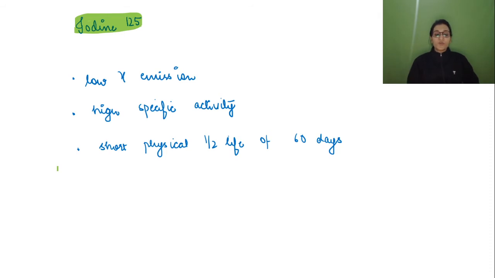Now positron versus gamma isotopes and other commonly used isotopes. These are some of the most important discussions whenever we are talking about RIA, because tracers are the important thing which should be discussed. Iodine 125 is the most favored tracer when it comes to RIA.